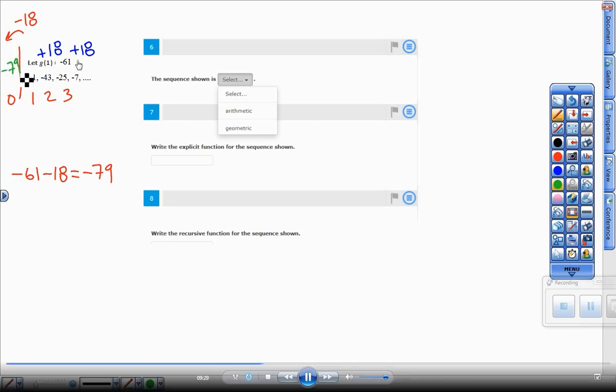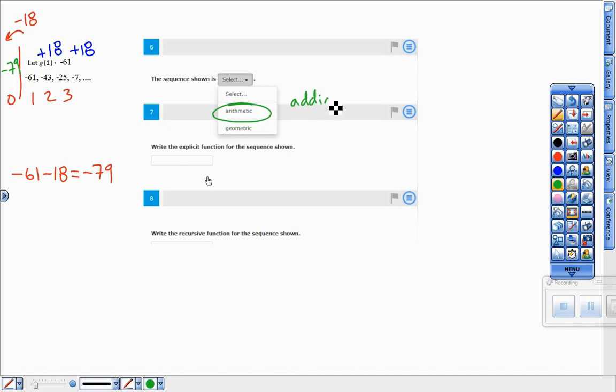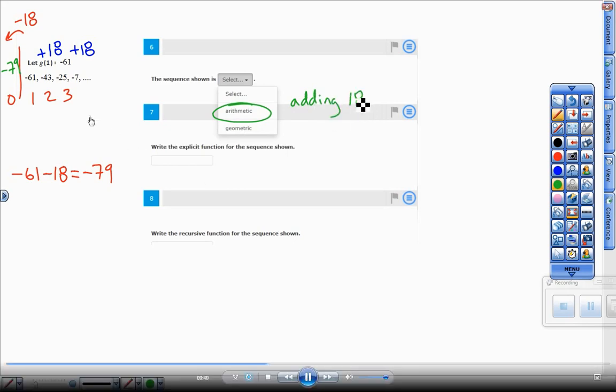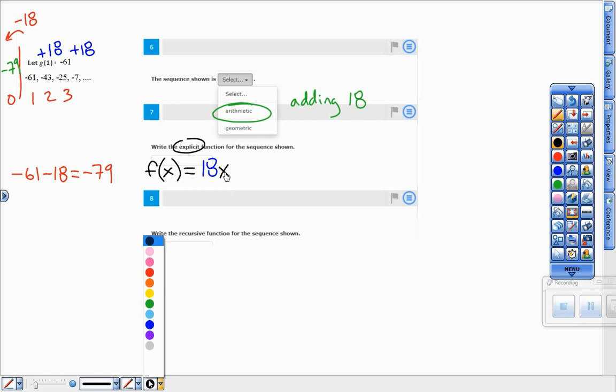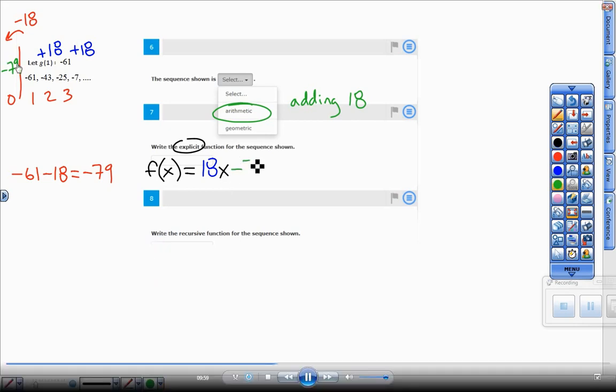This one's adding, so it's definitely arithmetic or linear. The explicit form, I'm going to write both. Make sure on test day you pick only one, because sometimes you make a mistake when you try to do both. So focus on one. So the explicit form with the zero term would be 18 times x, because it's an arithmetic linear one, plus or minus the zero term, minus 79.